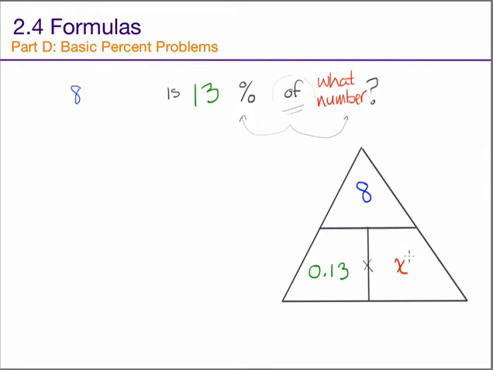So now I can write x equals 8 over 0.13. I'll do this on the calculator, and I get 61.53846. I'll round to 4 places. There's my answer. 8 is 13% of the number 61.5385.